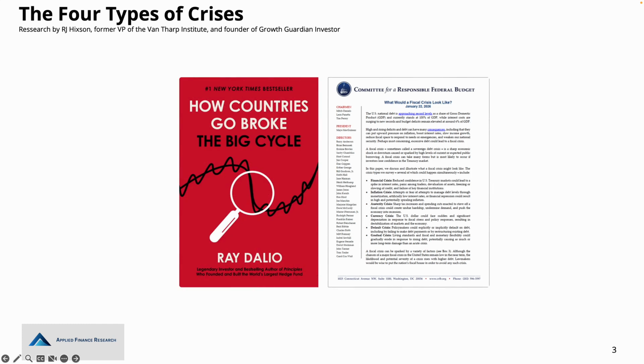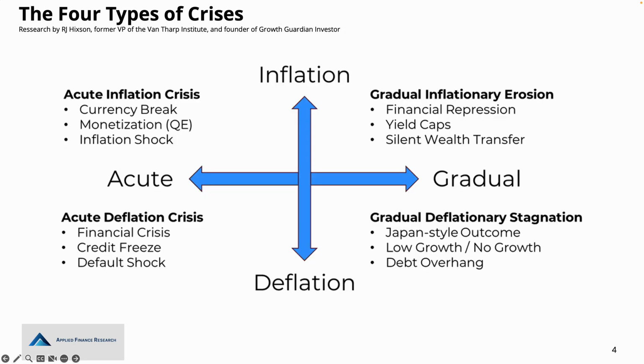Now, for the research that we're going to look at, RJ used 2 primary sources. The first is Ray Dalio's book, How Countries Go Broke, and the second is information from the Committee for Responsible Federal Budget. Now, from those 2 sources, he was able to create a simple and effective way of categorizing market crises. So we have 2 axes, basically 2 simple spectrums.